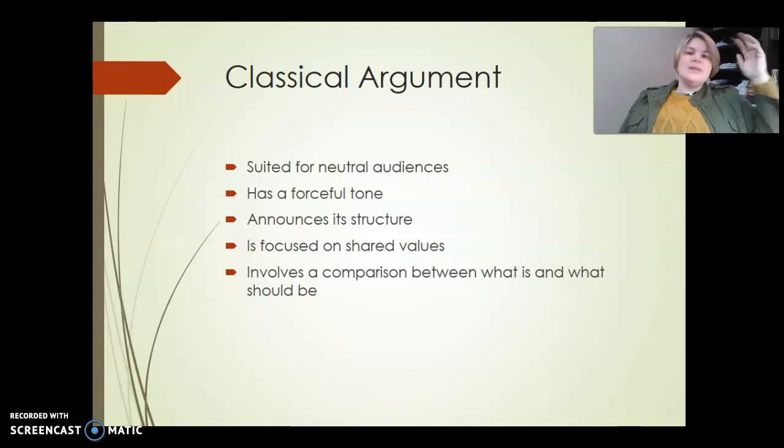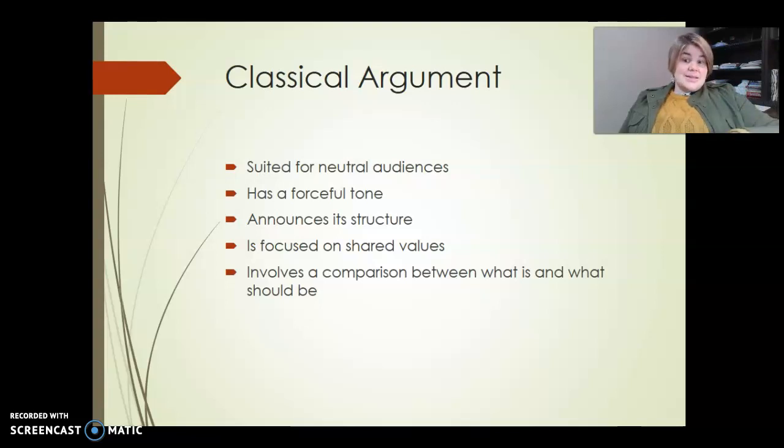Because your audience does not already have an opinion, you can be a little more forceful with your tone. So you can be direct and straightforward. You do not have to hide your thesis statement. You're going to present that, and you're going to walk us through the paper step by step. So it is your job as the writer to help us understand the first reason, the second reason, the third reason as you develop your thesis.